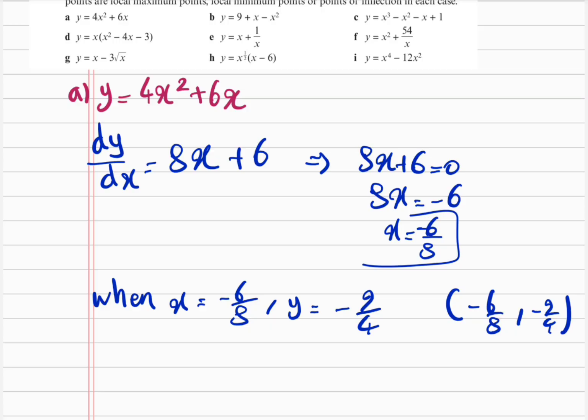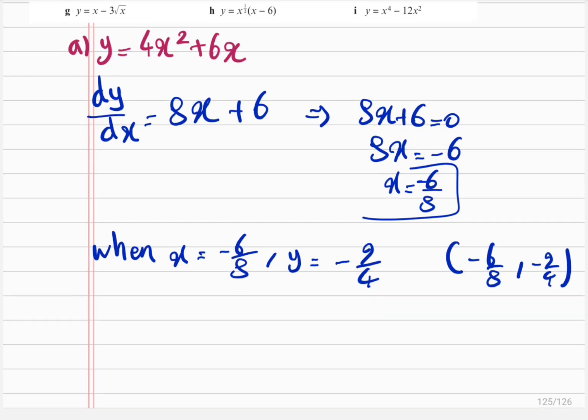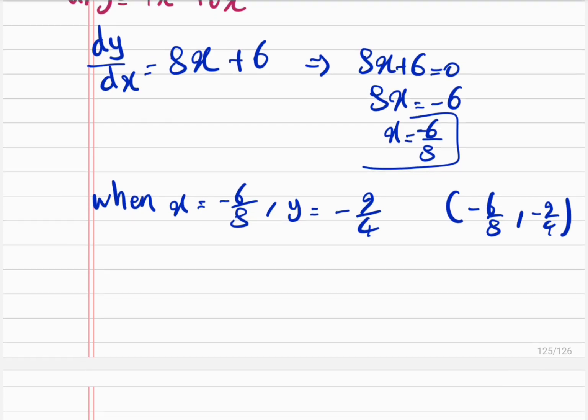So it's worth mentioning that whenever we have a specific x coordinate, we substitute that into the equation of the second derivative, and if that's positive, then the point is a local minimum. If it's negative, then the point is a local maximum. And if it's 0, then it could be a local minimum, local maximum, or point of inflection. We need to check the behavior on either side. But this is just an explanation. Let's see how we can use that in practice.